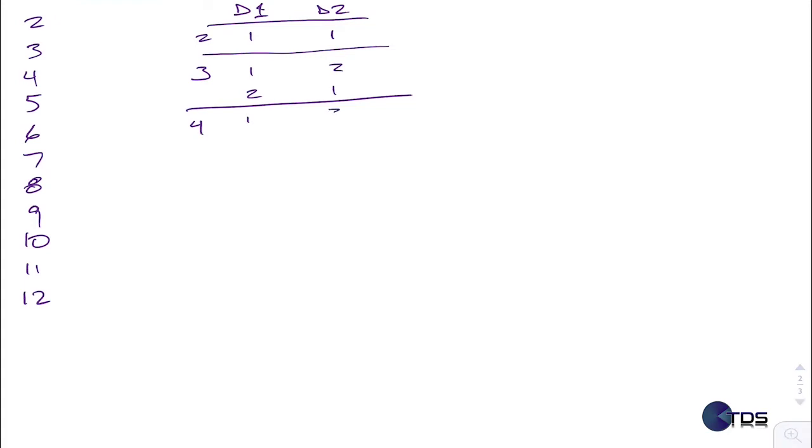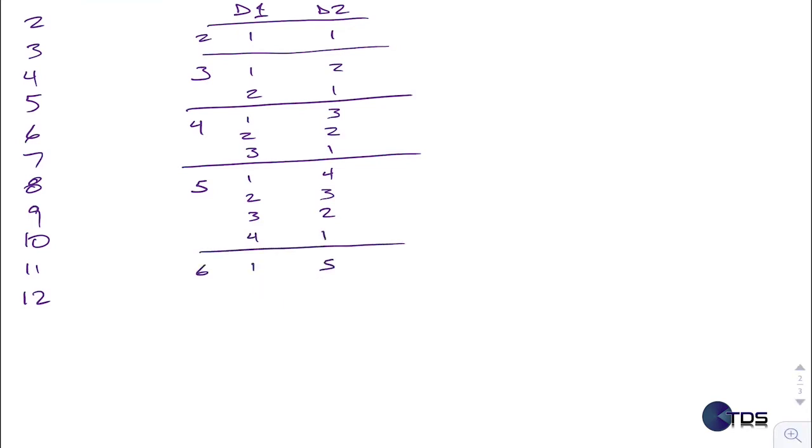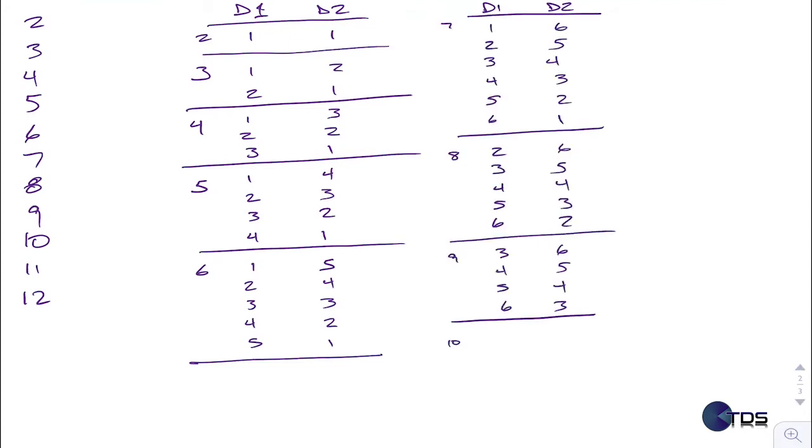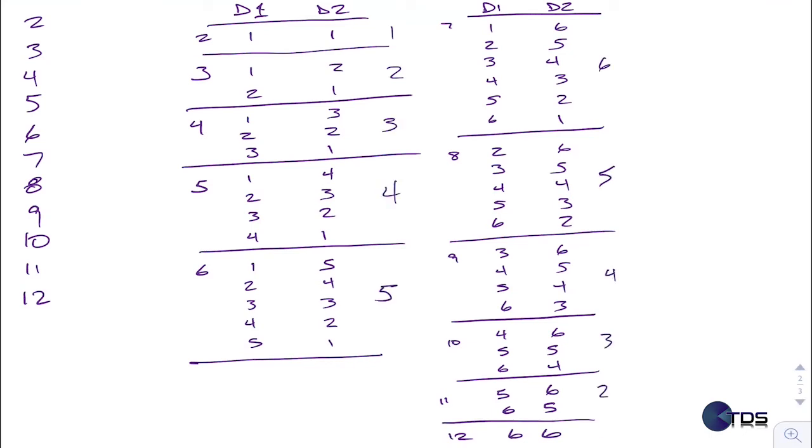When it comes to rolling a 4, I could roll a 1 and a 3, a pair of 2s, or a 3 with the first and the 1 with the second. If I want to know about rolling a 5, again, I can go a 1 and a 4, 2 and a 3, 3 and a 2, or a 4 and a 1, and so on until I've got the entire list of possibilities, which is actually 36 different possibilities.